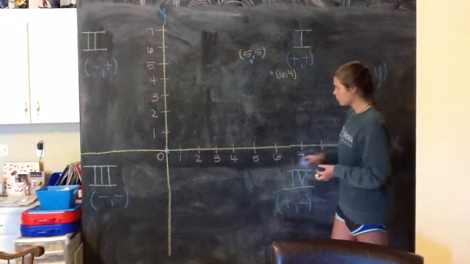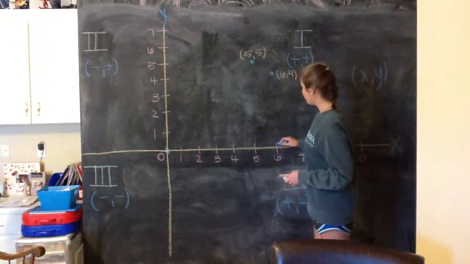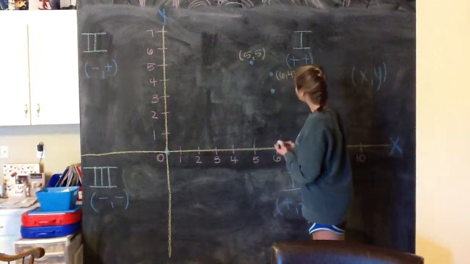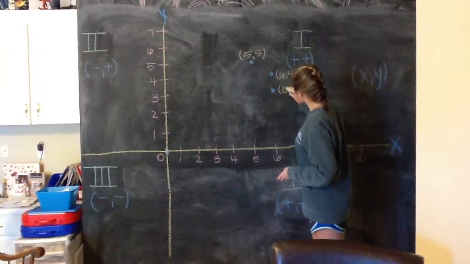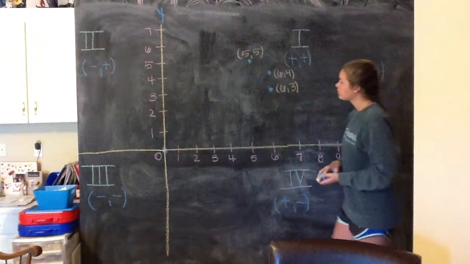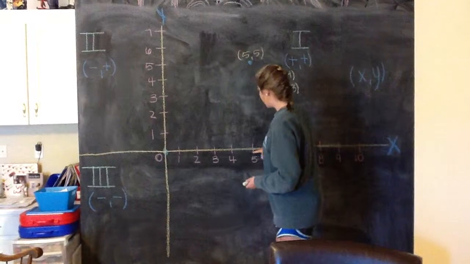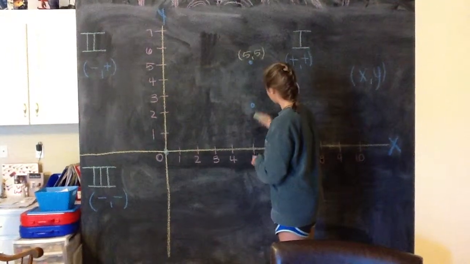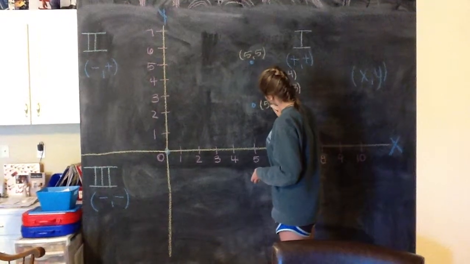6, 3. 5, 2. X first, Y second, where they meet on the grid.